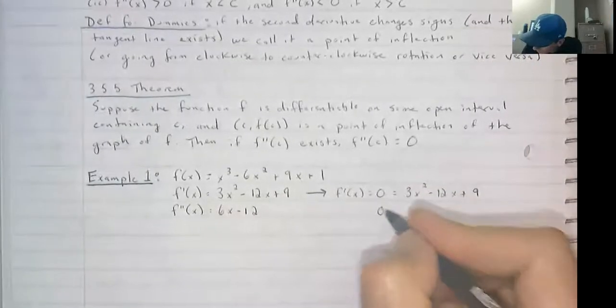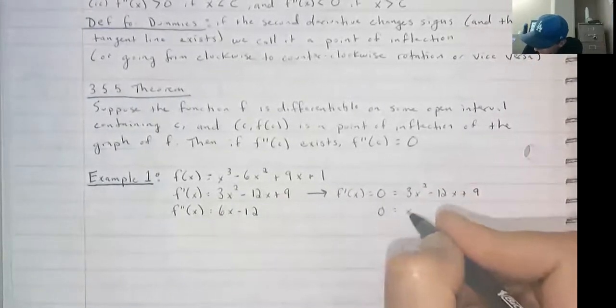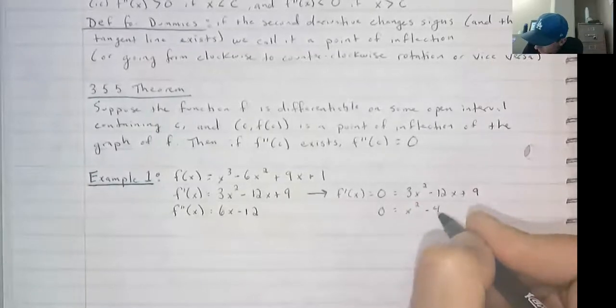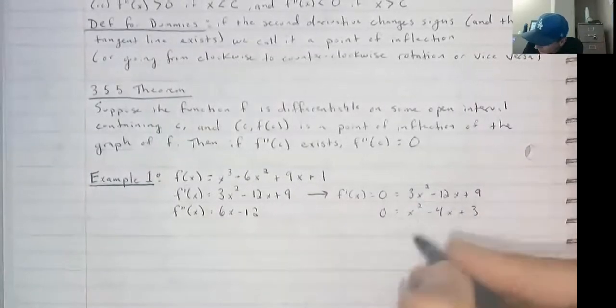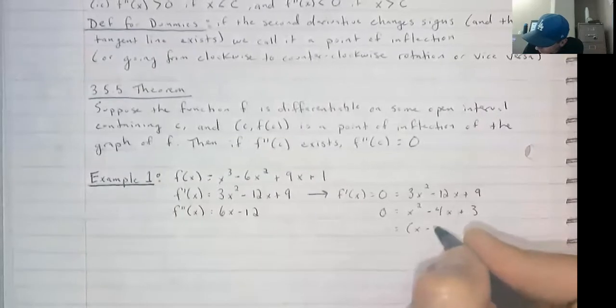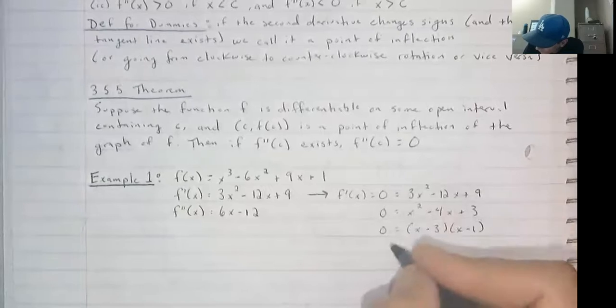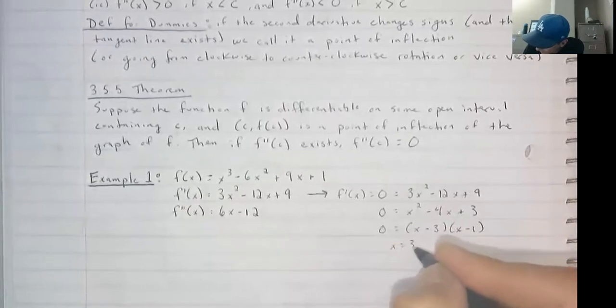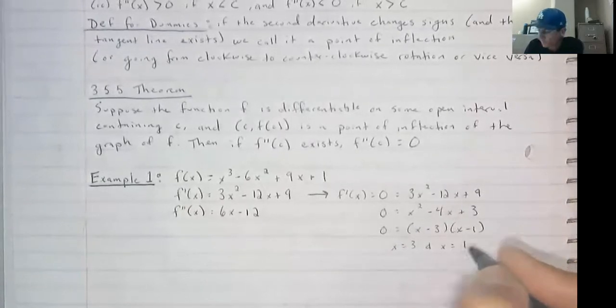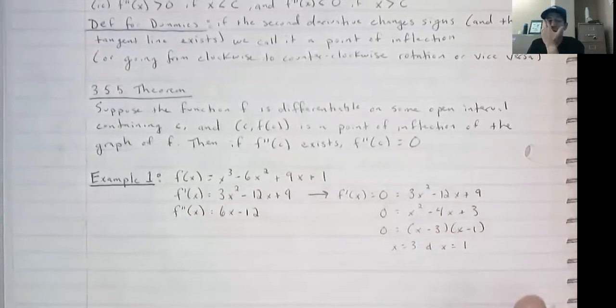which we're going to make it look like that guy. Beautiful. And so our critical points for our first derivative are x equals 3 and x equals 1. So that'll definitely be part of our chart.